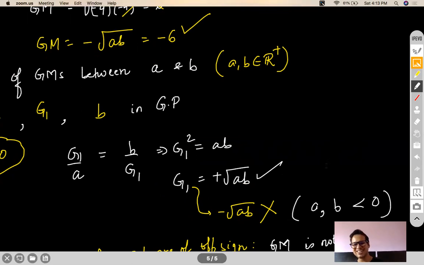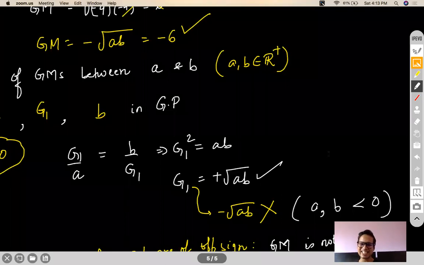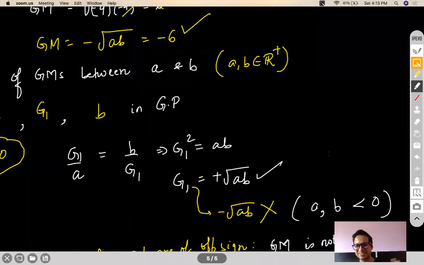No, how? With -4 and -9, does an imaginary quantity come in between somewhere? I don't think so, Aditya. And if you're representing a mean of real numbers by an imaginary quantity, they're two different natures of numbers.